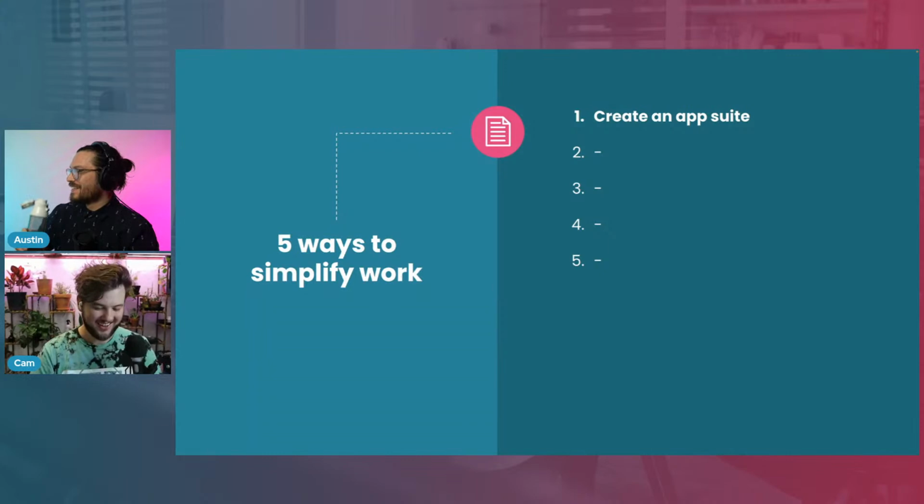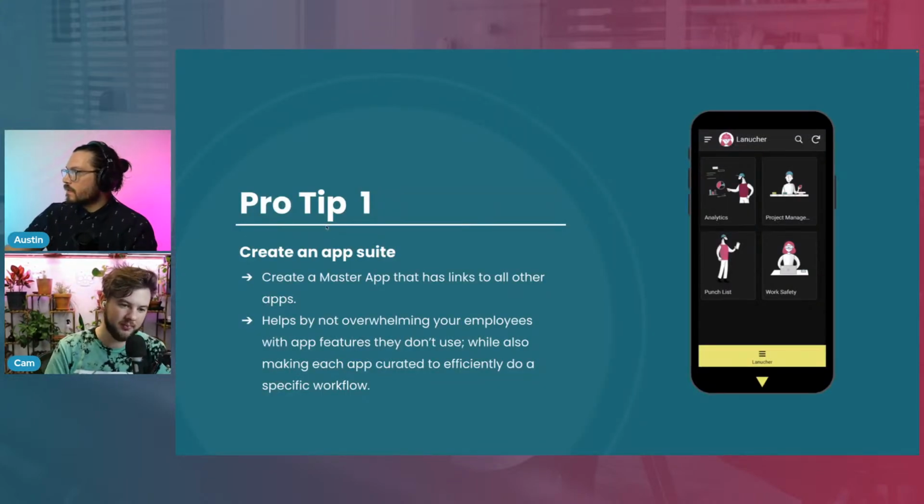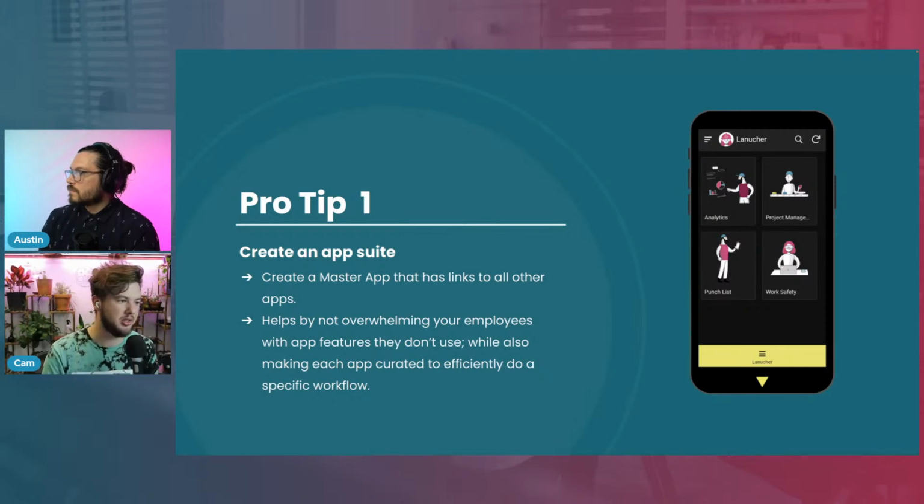The reason why this is pro tip number 1 is you want to create a master app that has links to all other apps. The reason why this helps is it keeps your employees from being overwhelmed with all these app features that aren't relevant to what they're doing.